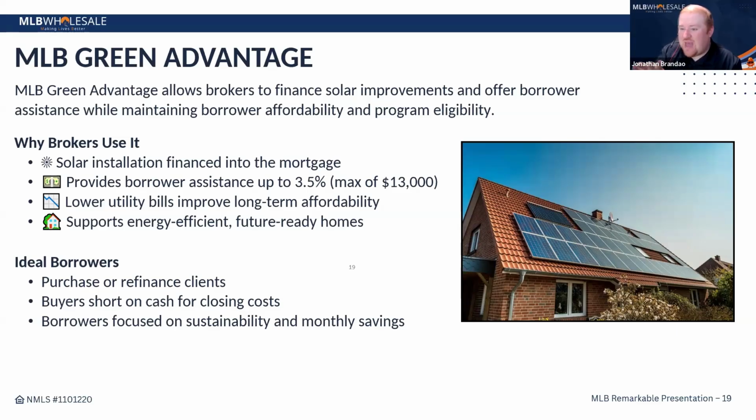DTI is traditionally where it gets a little tricky on the Green Advantage because you're raising that LTV over the 96.5. But if you want to work with our team, if we run into a situation where the DTI goes over limits, we can see where the numbers go from there on Green Advantage specifically.